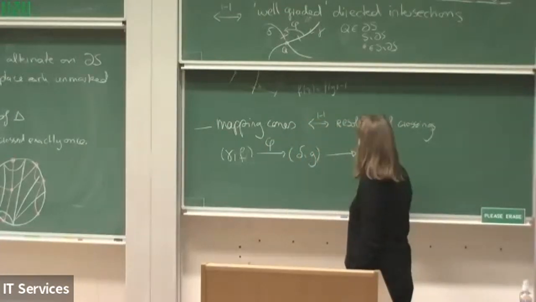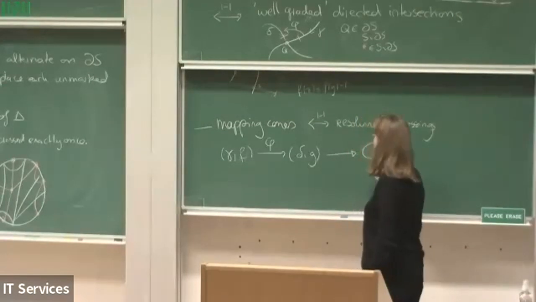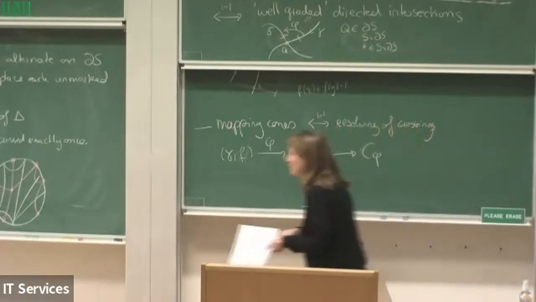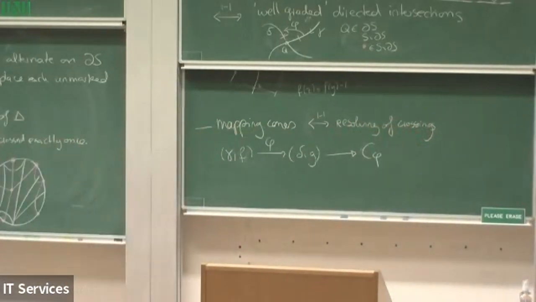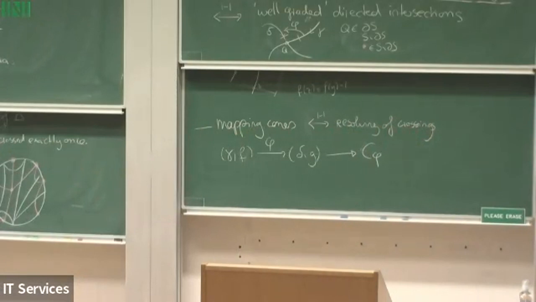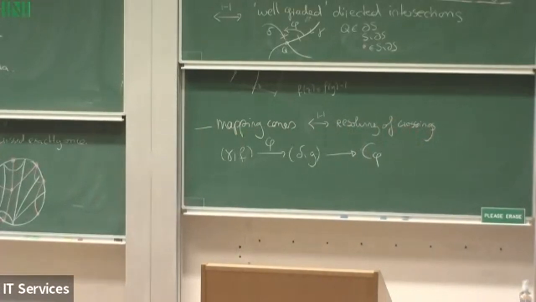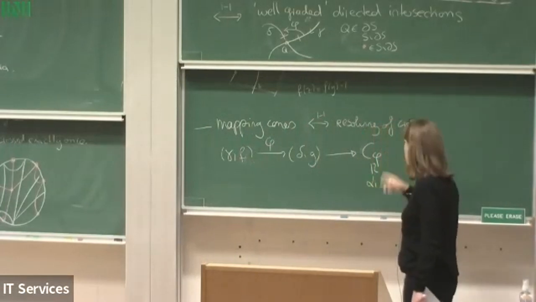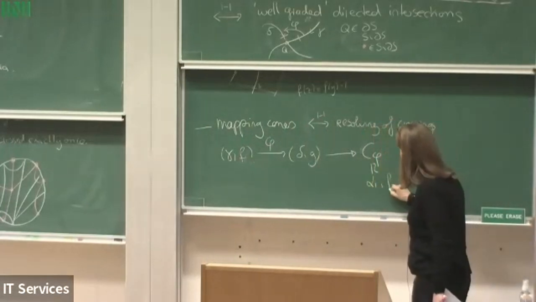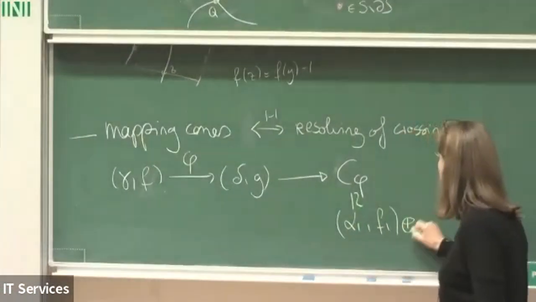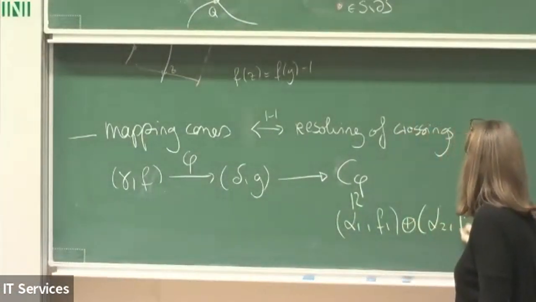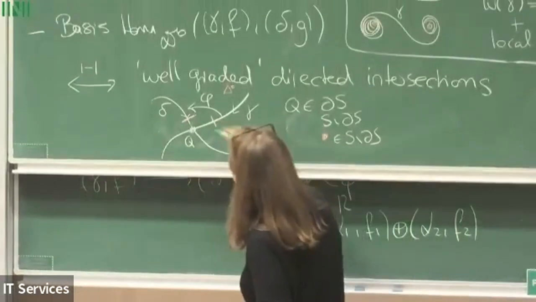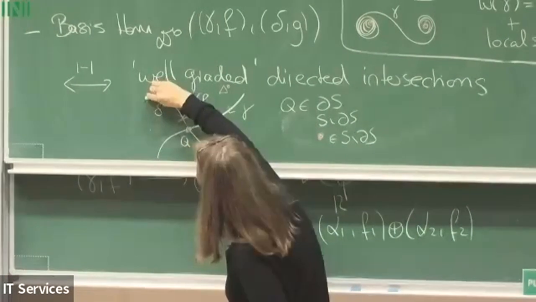Then, of course, because it's a triangulated category, we have a mapping cone C phi. But what is that mapping cone? Well, we can say exactly what it is. Namely, it's quasi-isomorphic to alpha 1 f1 plus alpha 2 f2. So these are two objects in the derived category, which are obtained by resolving the crossing. So what do I mean?